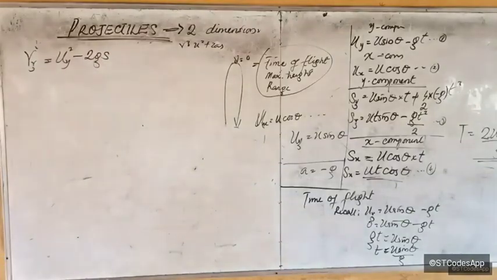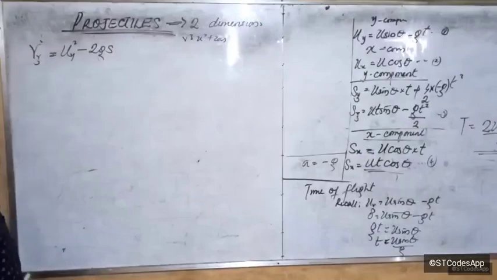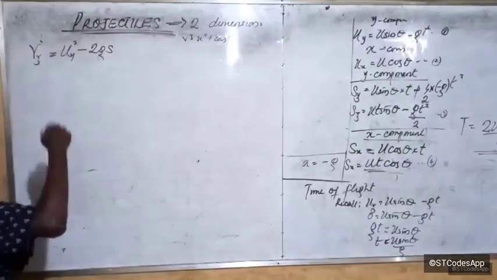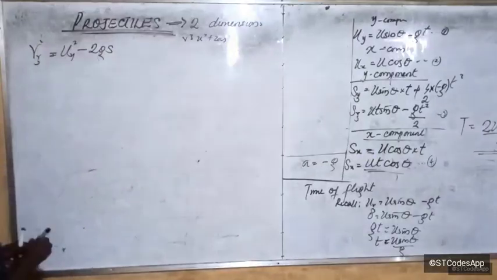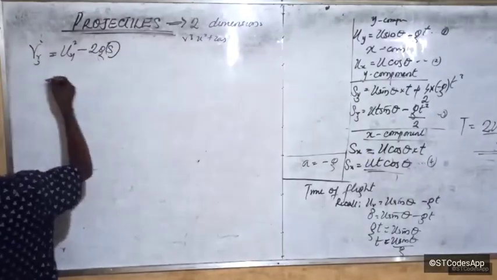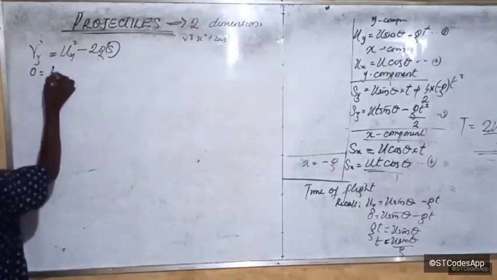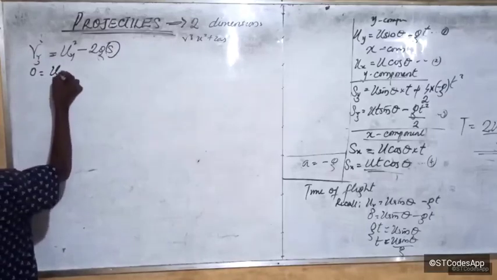Do we get this? We still can't use this to get our total time of flight. This is the equation we're going to use to derive maximum height. So s here will become H, the maximum height, and at that point v will be 0. So 0 will be equal to u sub y squared minus 2gH.